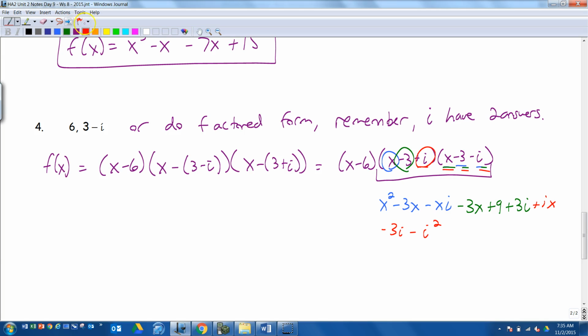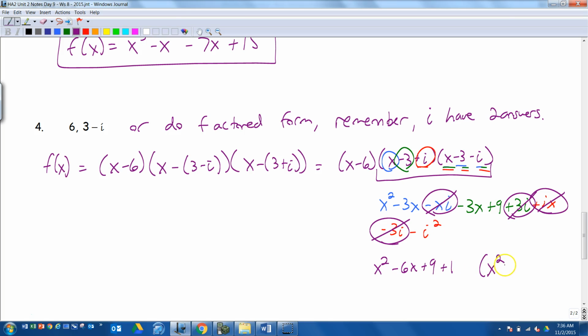Okay, so first of all, if you did this right and have the right factors, the ix and the ix cancel. The minus and the plus. The minus 3i and the positive 3i cancel. So we're left with x squared minus 6x plus 9, and then minus i squared. Remember, i squared is negative 1, so minus negative 1 is plus 1. So that means my factor becomes x squared minus 6x plus 10.